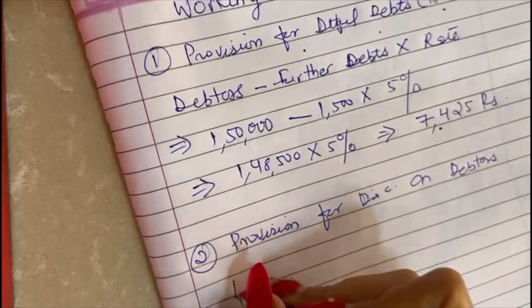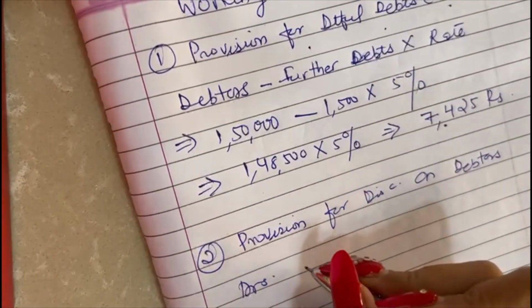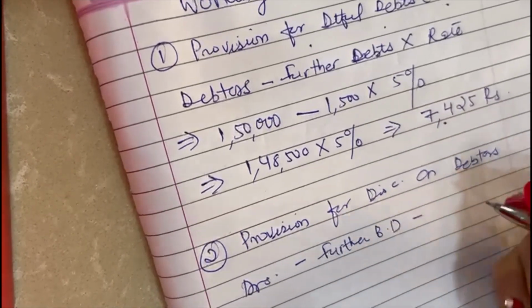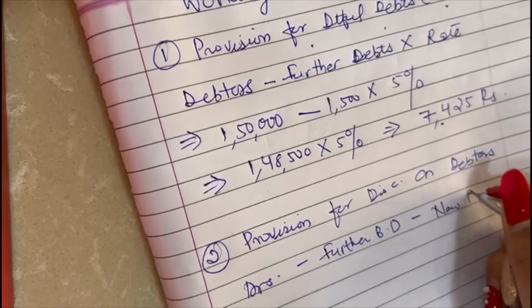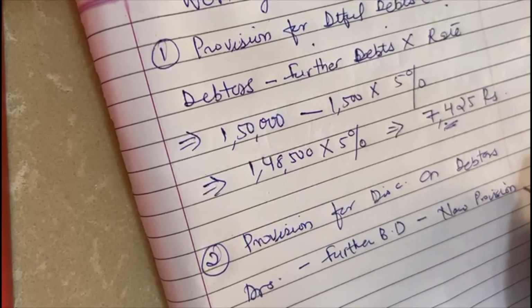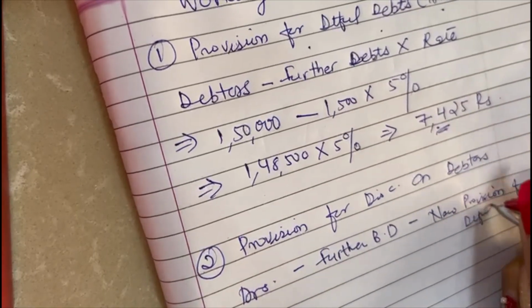इसके लिए you will take debtors given in the question minus further bad debts minus new provision जो हमने अभी अभी calculate किया है 7,425 new provision for doubtful debts.